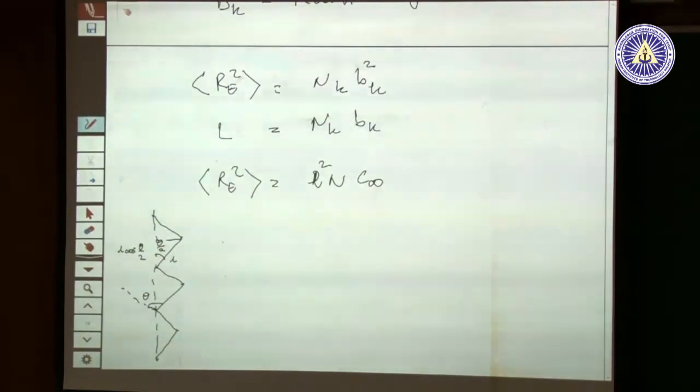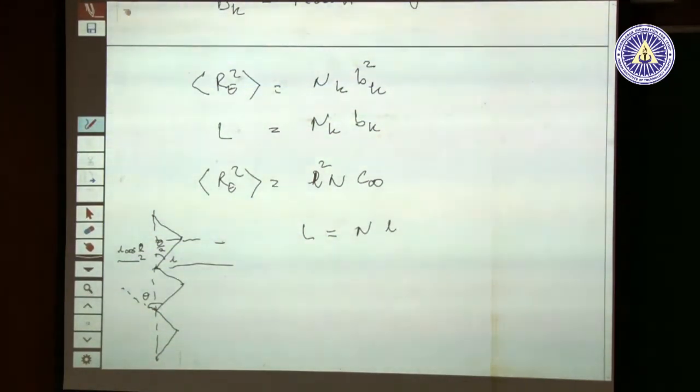Each of these lengths is L cos theta over 2, and I have n of them. So the contour length is n times L cos theta over 2. That is the length of my freely rotating chain.